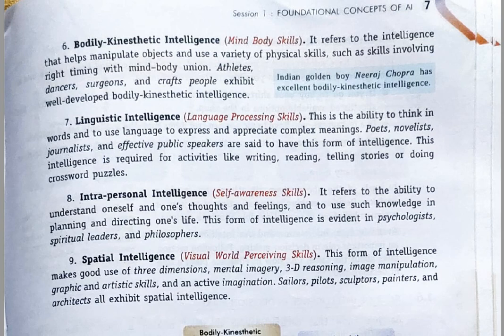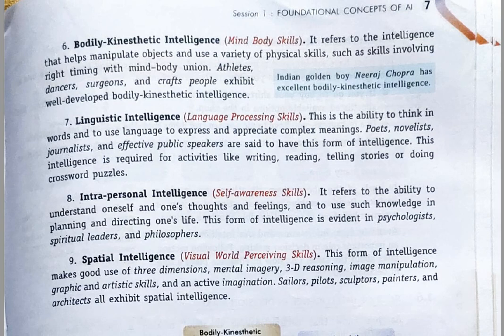Okay. Then eighth is intrapersonal. You have to differentiate between the term intra and inter. Well, the fifth one was interpersonal intelligence. This one is intrapersonal. Whenever the term intra comes into place, that means within yourself. So, intrapersonal intelligence means the ability to understand oneself and one's own thoughts and feelings.